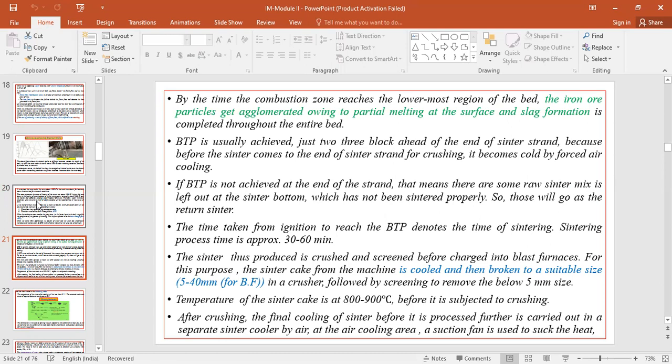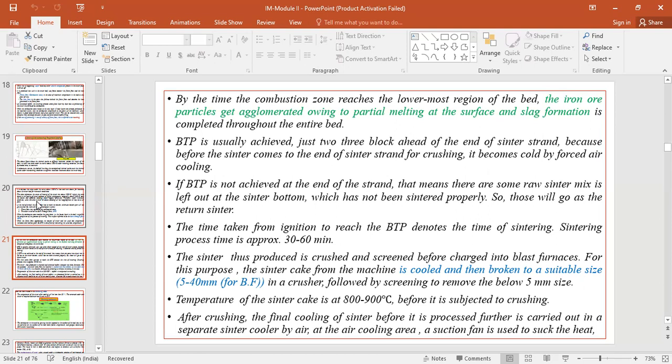So if suppose BTP is not achieved at the end of the strand, it means a certain amount of unsintered raw mix is present, and this unsintered raw mix will again be used as sinter returns.